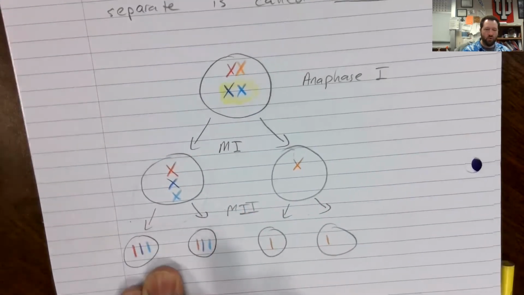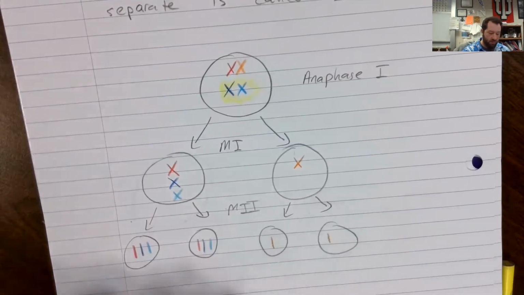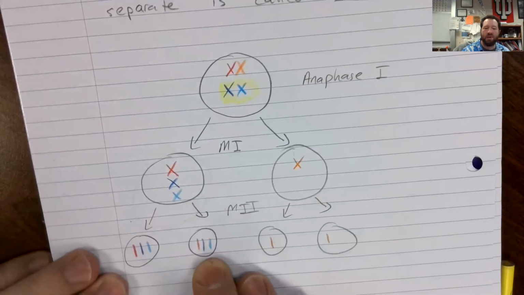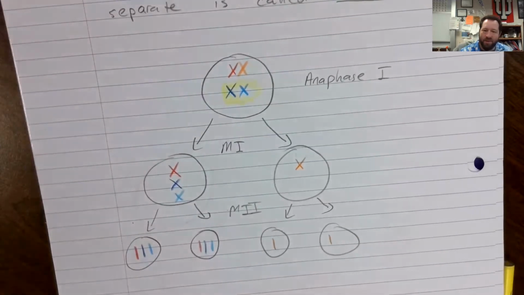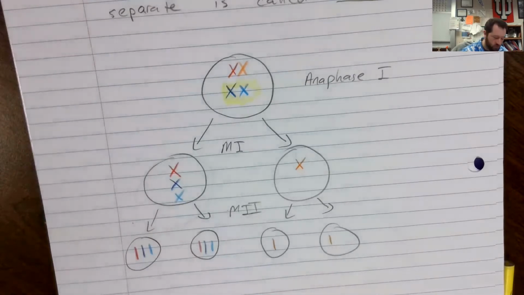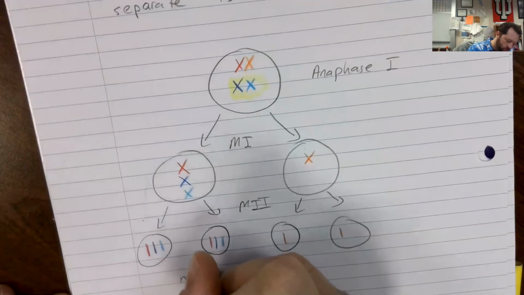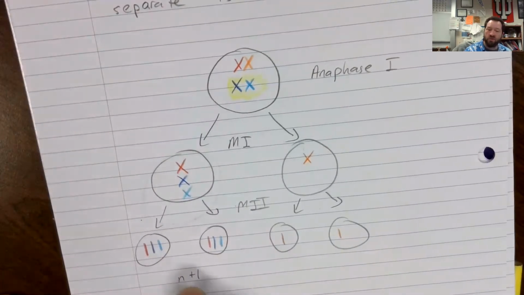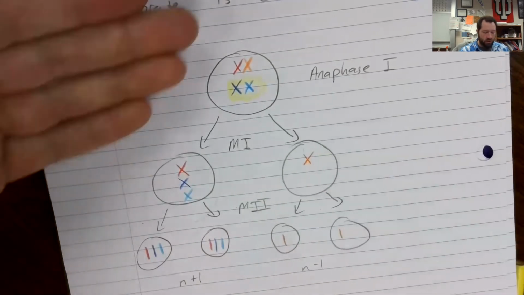We should have two chromosomes, two chromosomes, two chromosomes, and two chromosomes, but instead, these gametes have one extra chromosome. These gametes here have one too few. So our designation for that, these two are N+1s, whatever the N number is, they have an extra chromosome, +1. And these guys N-1.